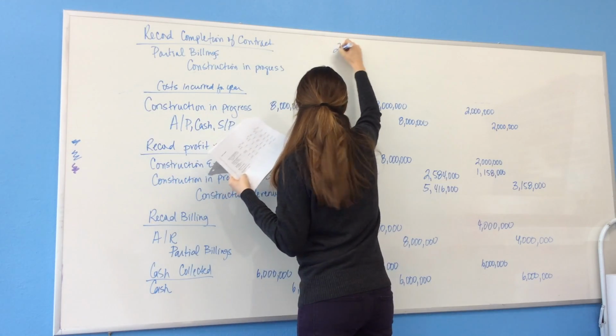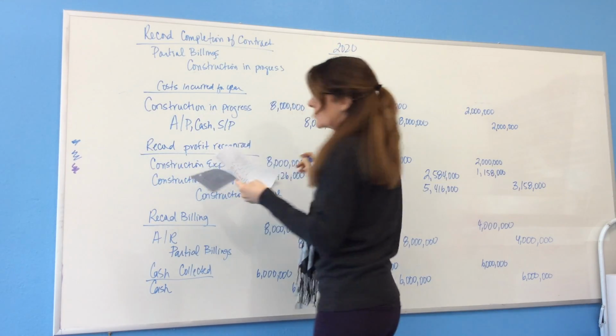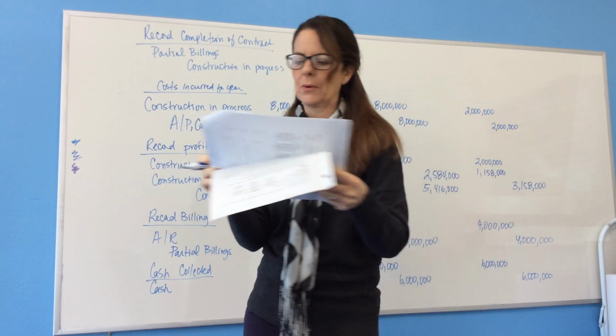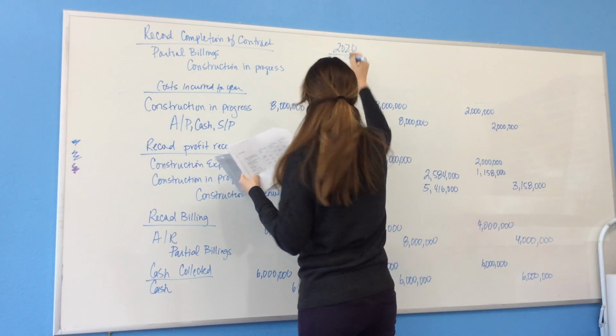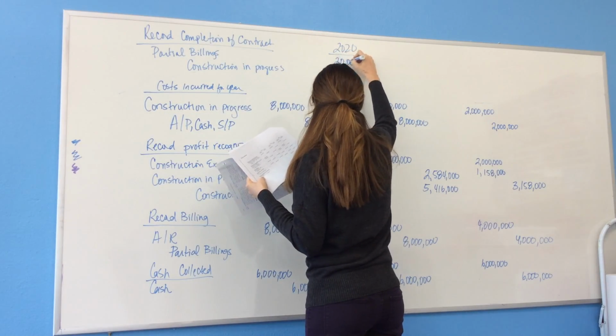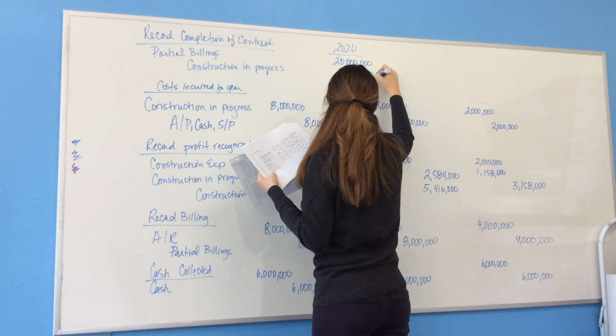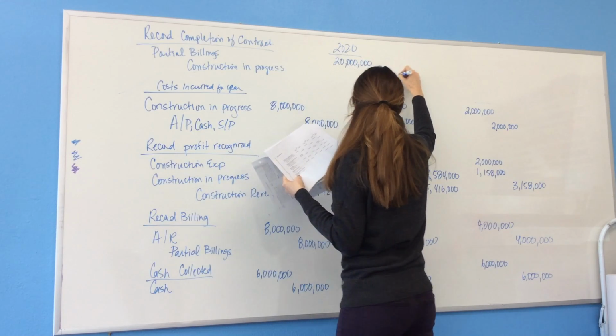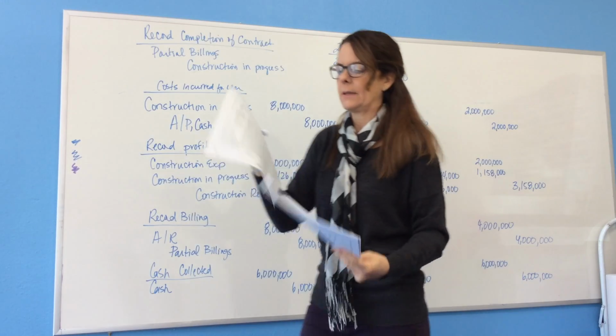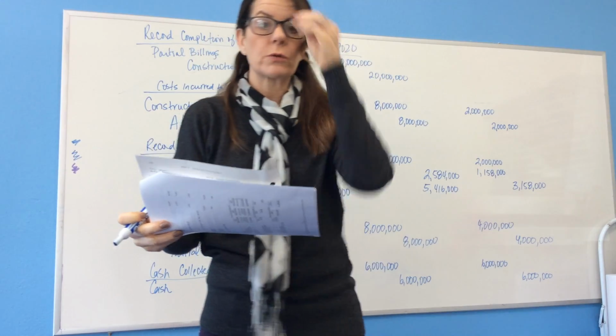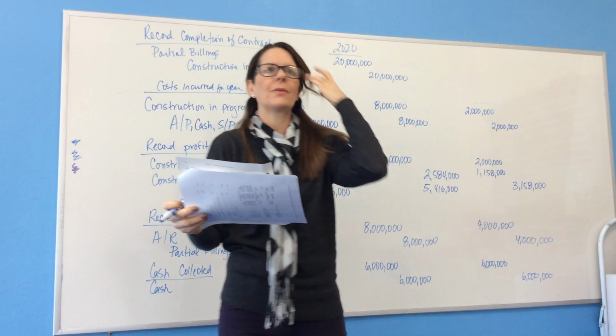And this will be for just 2020. I want to make sure that you can see it. Hopefully you can see way up there on the board. Sorry about that. So the partial billing, that debit's going to be 20 million. And the credit is going to be 20 million. And that's basically the journal entries for part 4. Sorry about the background noise.